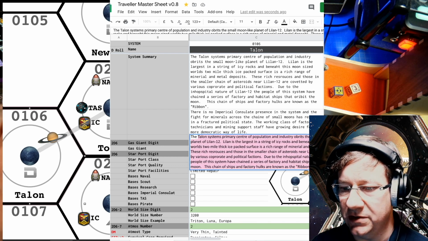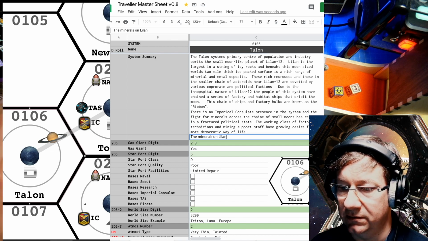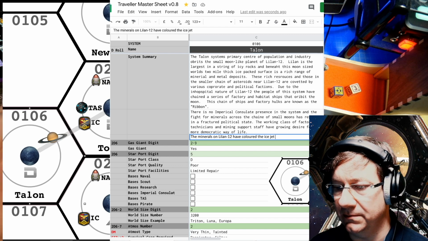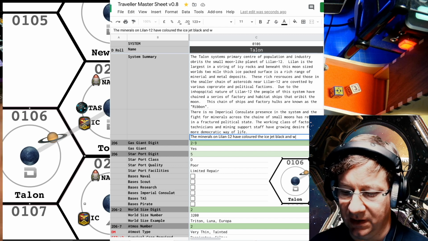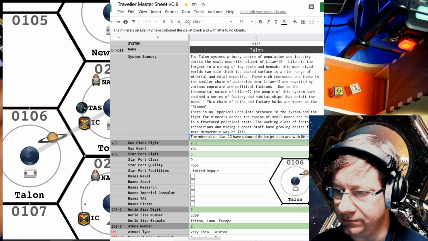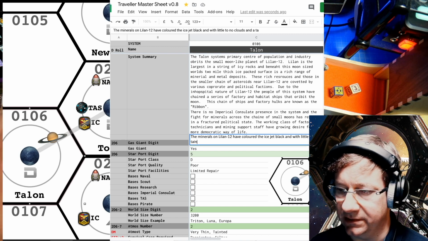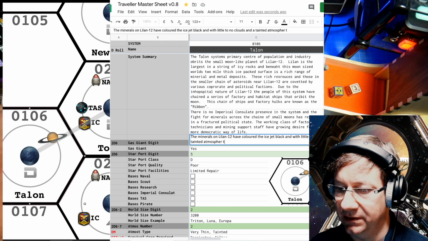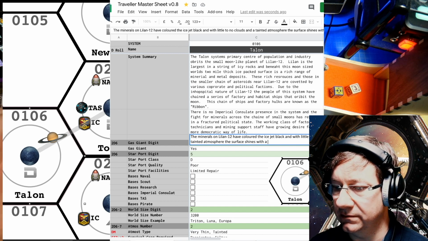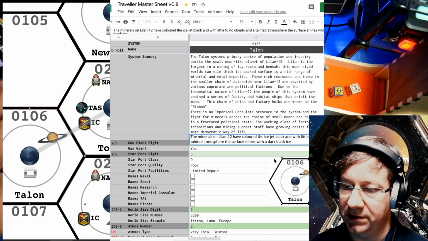But I'm going to say the minerals on Lylan 12 have coloured the ice jet black, and with little to no clouds and a tainted atmosphere, the surface shines with the dark black ice.